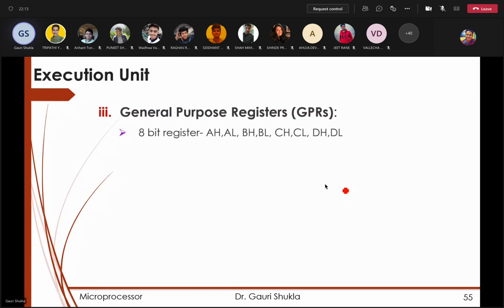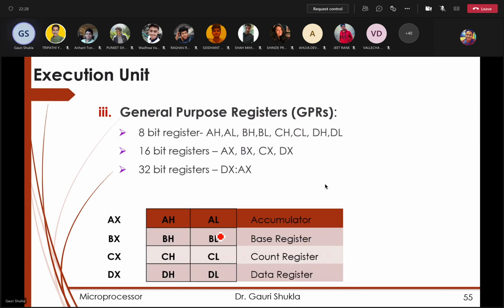Apart from this, now the flag register is over. Then you have the ALU, we have done already. Then we have these general purpose registers. Now these registers individually can work as 8-bit registers as AH, AL, BH, BL, CH, CL and DH, DL. So the lower byte is always stored in AL and the higher byte is always stored in AH, in L type and in H type in respective registers.